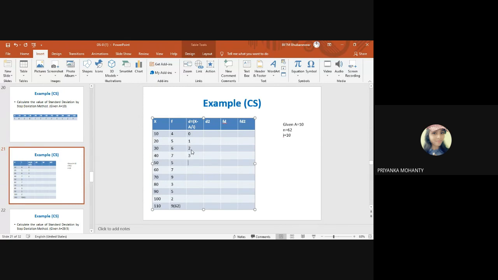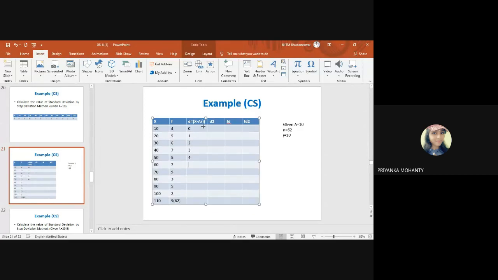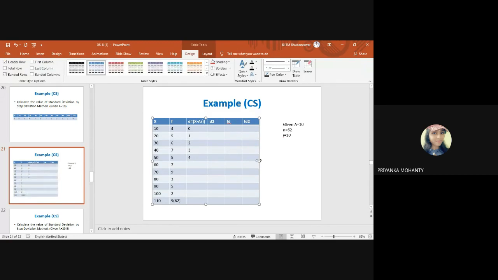Next one is 3, next one is 4, then 5, the next one is 6, then 7.